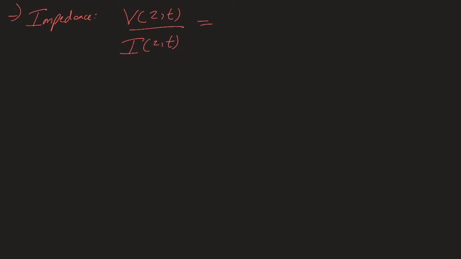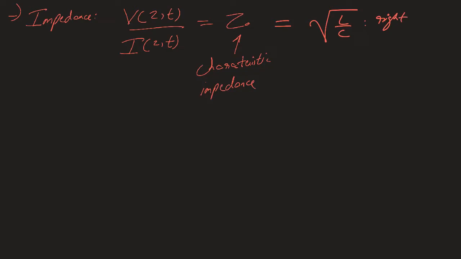We called it Z0, which is in fact called the characteristic impedance. This characteristic impedance we saw was equal to the square root of L over C for a right traveling wave. So this was a time domain analysis, and this was revision.